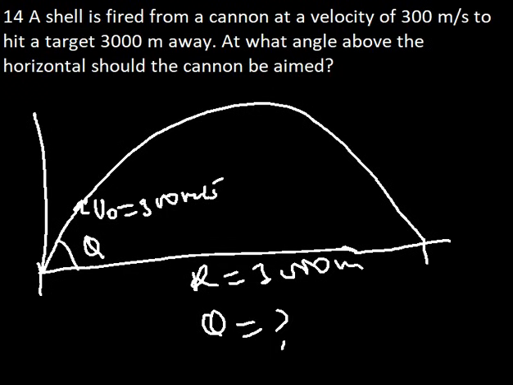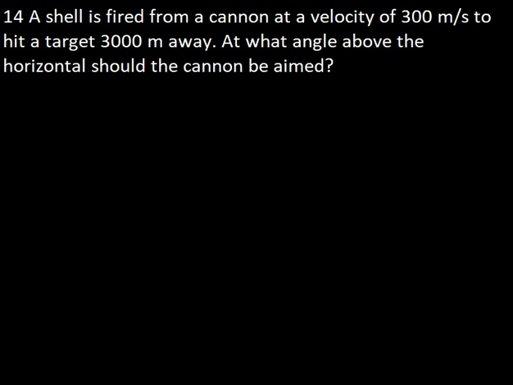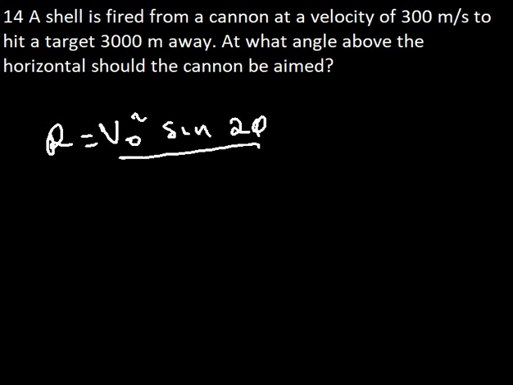We use the formula for range at that point, of which the range is given as v naught squared sin 2 theta divided by g.